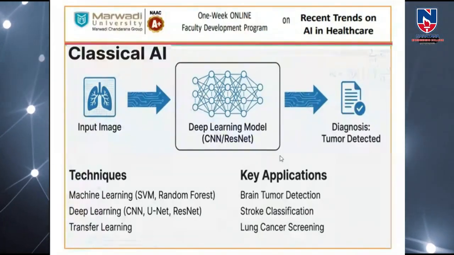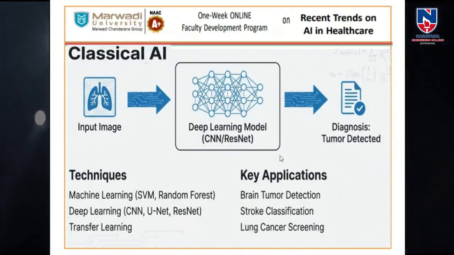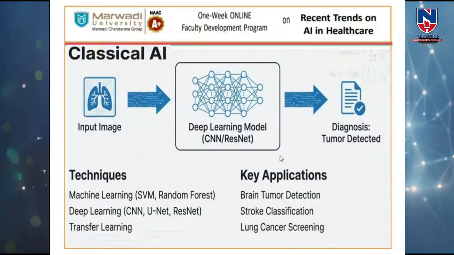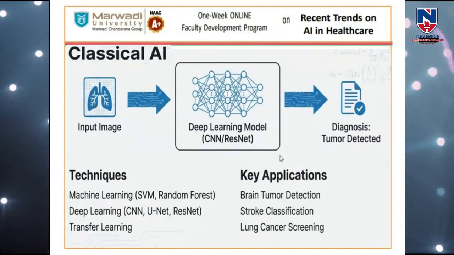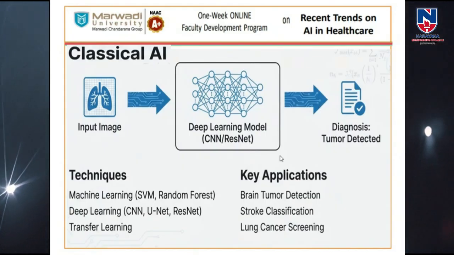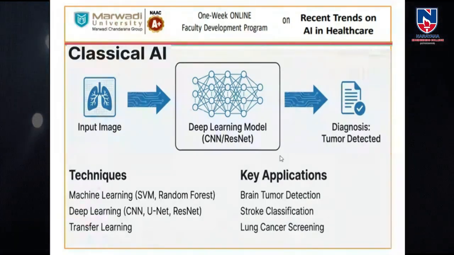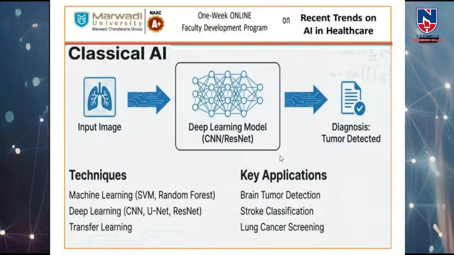Here, the CNNs automatically learn hierarchical features. You can use a CNN or ResNet. Low level edges and textures, in the mid level shapes and contours, and high level pathology specific features. They outperform the traditional handcrafted features also.